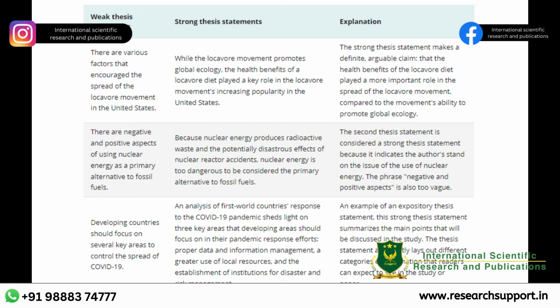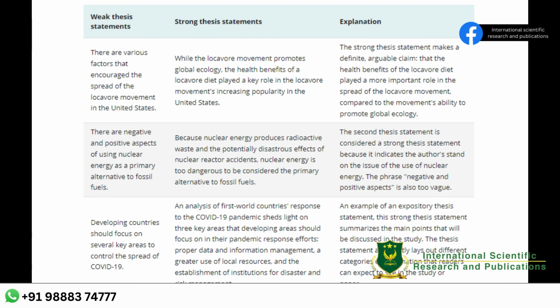But let us read this strong thesis statement: While the locavore movement promotes global ecology, the health benefits of a locavore diet played a key role in the locavore movement's increasing popularity in the United States. So this statement explains much more content than the weak statement, so this is a strong statement.